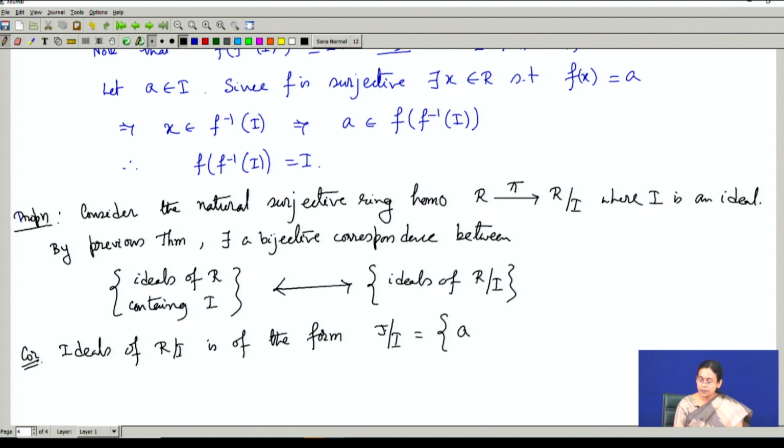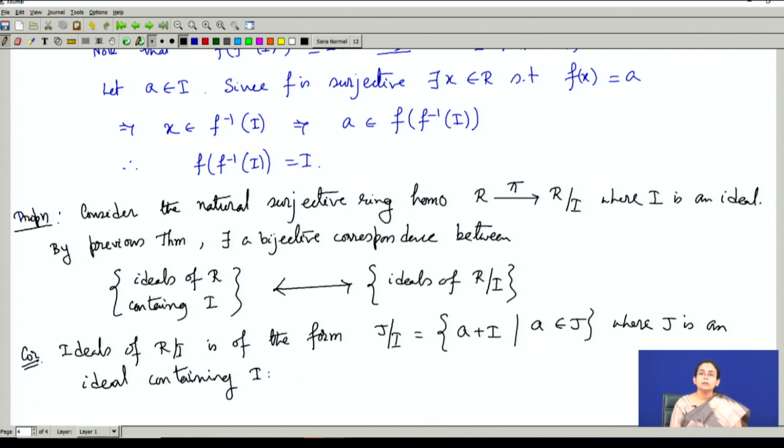The elements are of the form A plus I, such that A is varying over J, where J is an ideal containing the kernel I, that is, containing the ideal I. So, it characterizes how the ideals of this quotient ring look like. They will be of the form J quotient I, where the elements are of the form A plus I, A varying over all the elements of J, and note that J is an ideal which contains this ideal I.